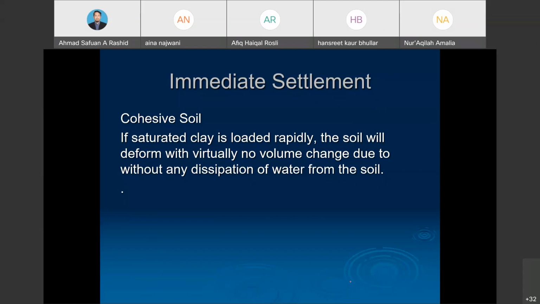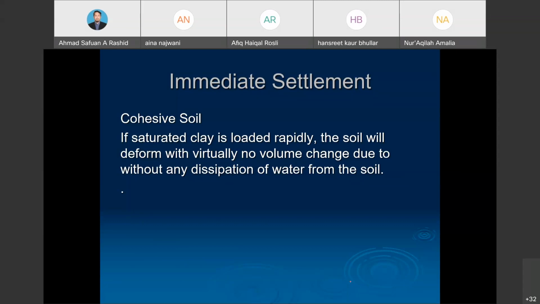So, if saturated clay is loaded rapidly, the soil will deform with virtually no volume change, without any dissipation of water from the soil. So, mata kasar kita tak nampak lah perubahan yang berlaku ke atas tanah, sebab dia berlaku dalam keadaan yang diistilahkan cepat.